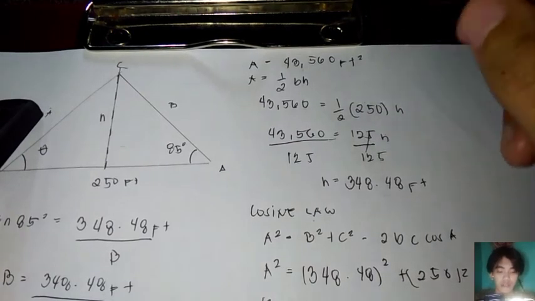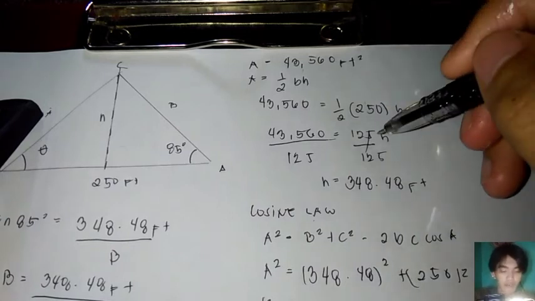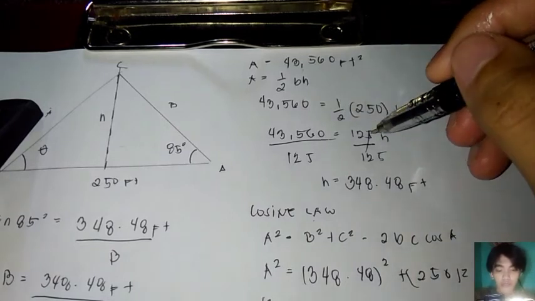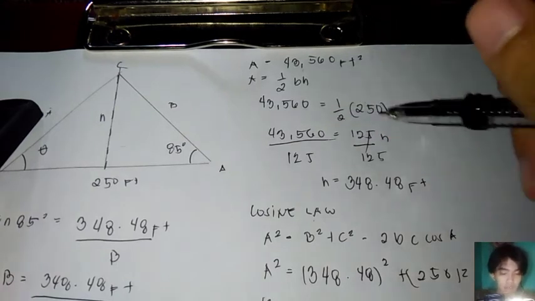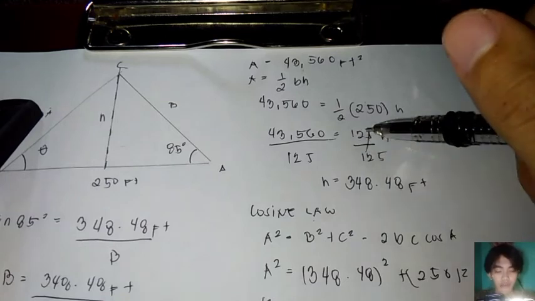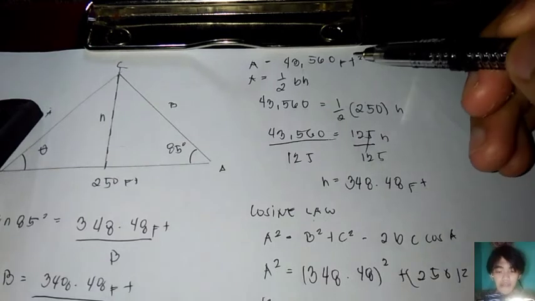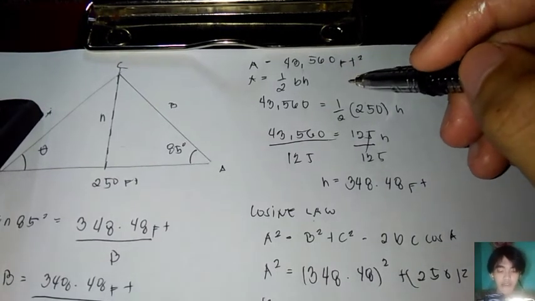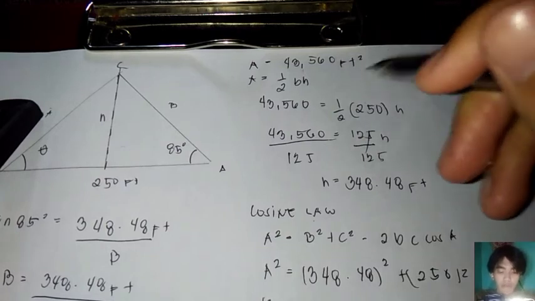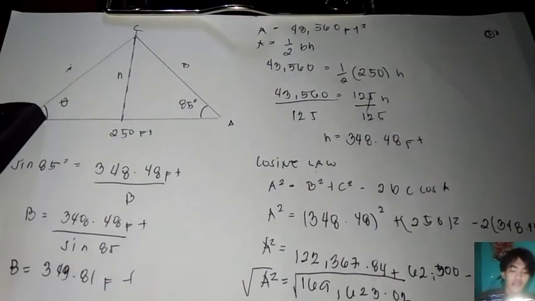Let's just copy the height. To cancel this out, we need to put the 125 below. So cancel, we have h, and let's divide the 43,560 by 125. So our answer is height equals 348.48 feet.